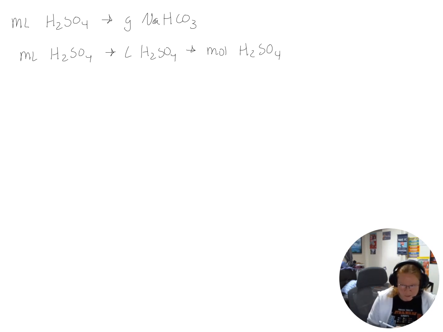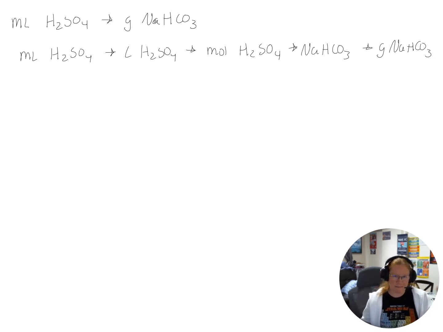And then once I have moles of sulfuric acid, I can do moles of my sodium bicarbonate, because again, when we do stoichiometry, we have to go through moles. And then I can go to grams. All right, I have a roadmap.